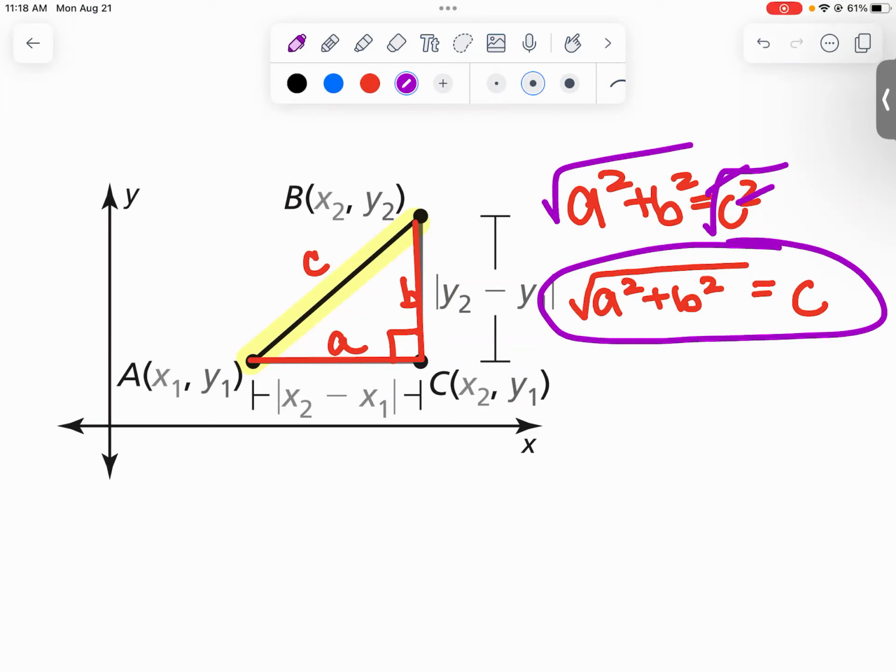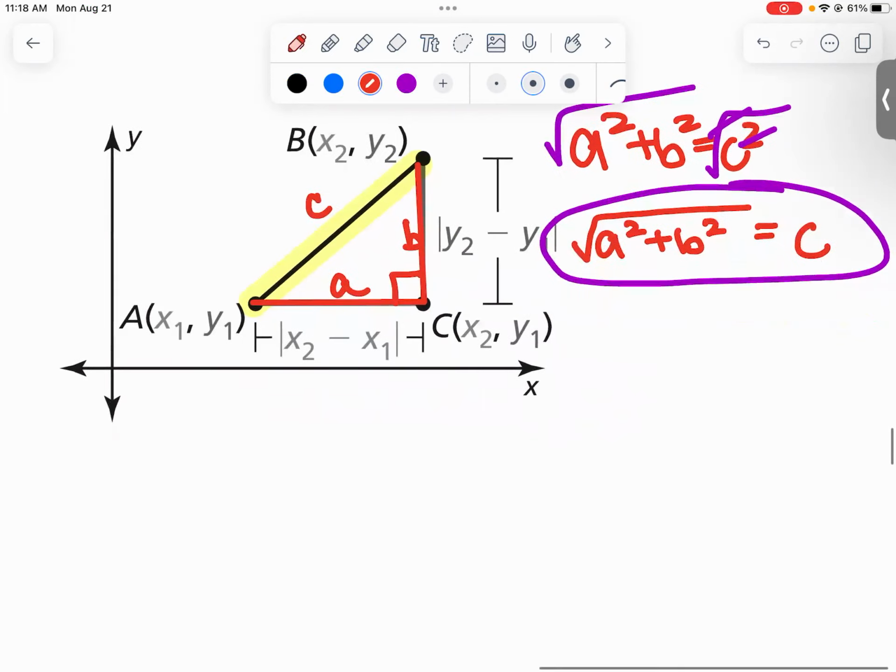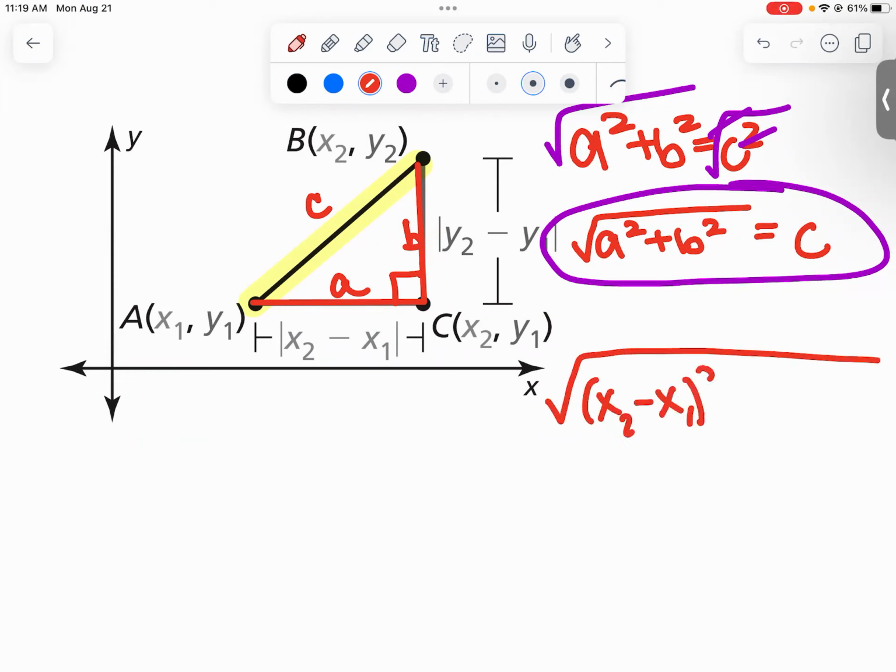What you see instead of A, okay, they're talking about, well, if I count this distance right here, I'm basically taking this X coordinate minus this X coordinate. So instead of A, you see the X minus the X coordinate.